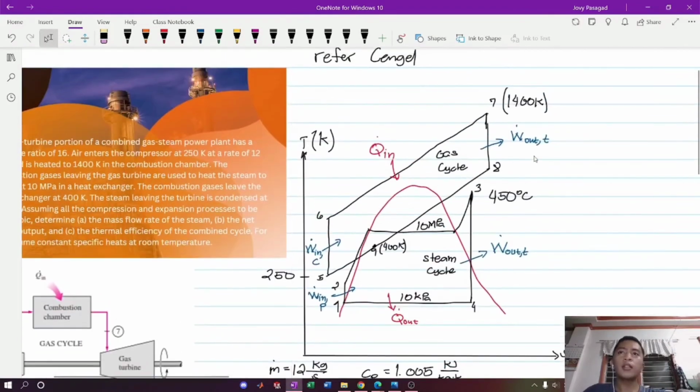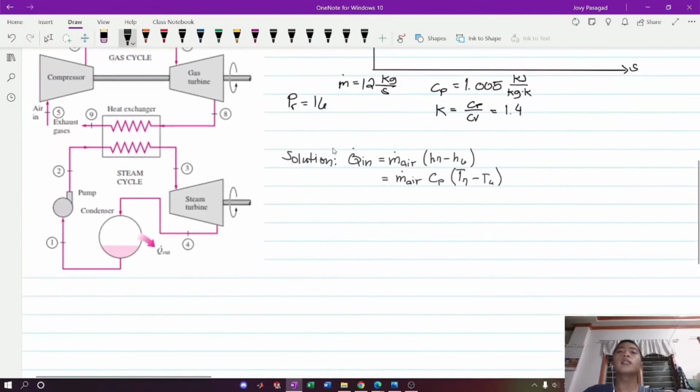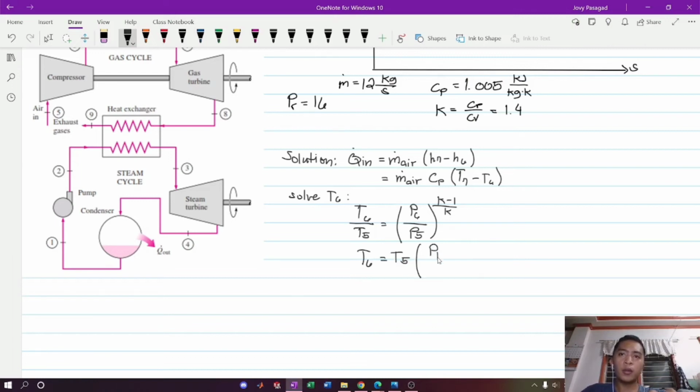Karon naa na tayo T7, which is given ganiha nga 1,500 Kelvin. Pangitaon nato ang temperature sa 6. Solving for T6, naa tay ratio nga T6 over T5 is equal to P6 over P5 to the power of K minus 1 over K.